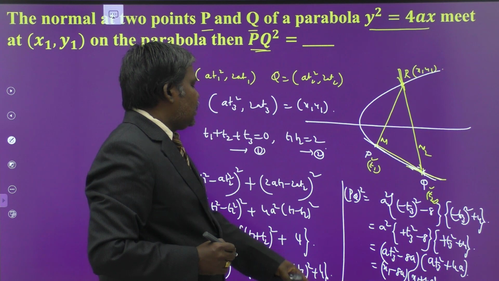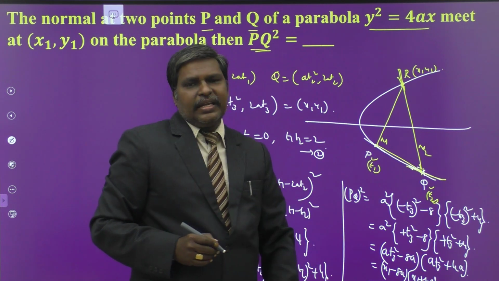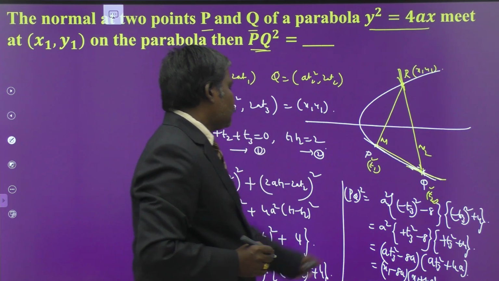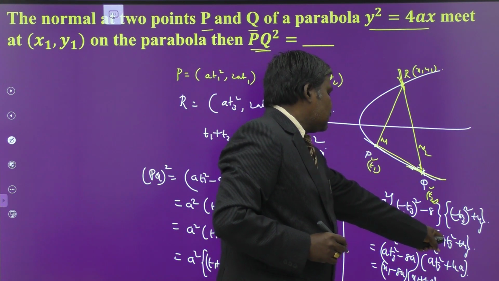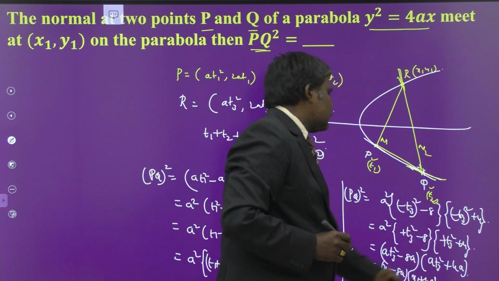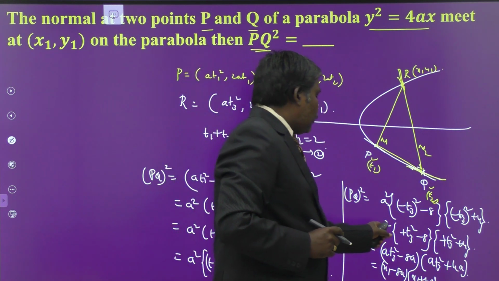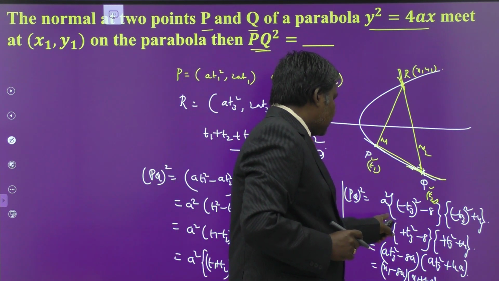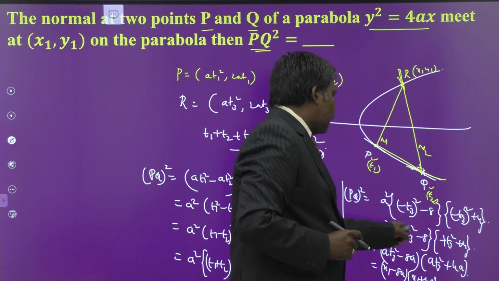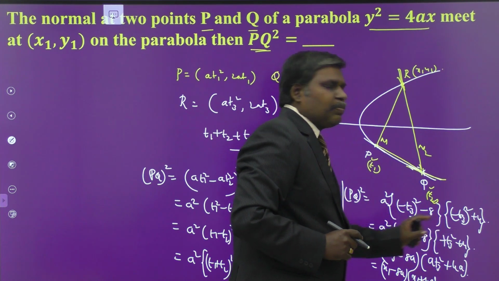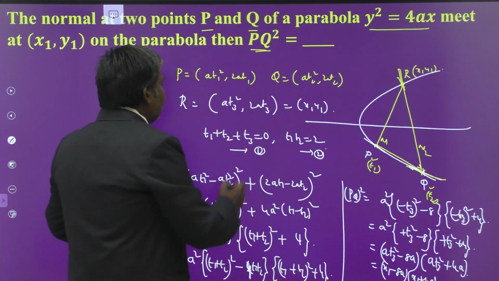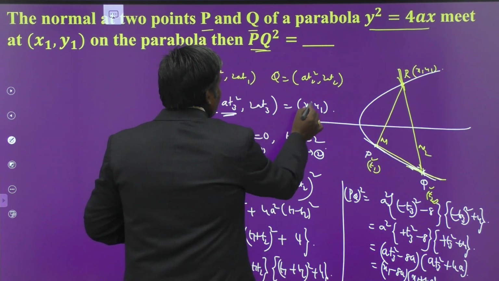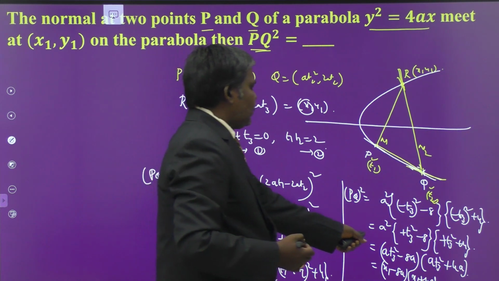So PQ square is nothing but (x1 minus 8a) into (x1 plus 4a). The only step is you have a square here. You multiply one a with this bracket and another a with that bracket. a into a is nothing but a square. So we are writing at3 square in terms of x. Then only we obtain the result.